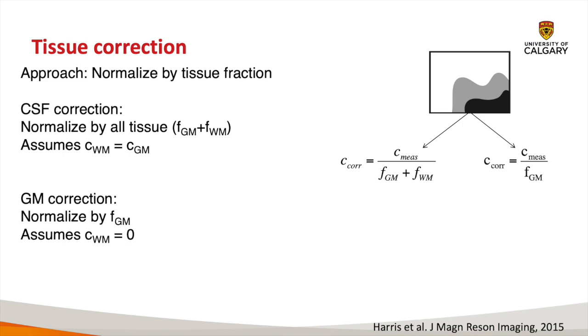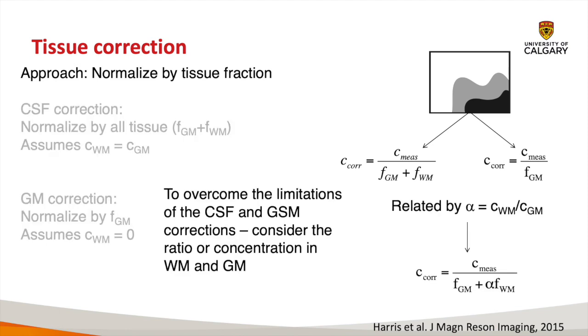So an alternative is to perform what's known as the gray matter correction, and in that, because we know GABA is more concentrated in gray matter, we just consider the gray matter fraction. However, this correction is actually assuming that the concentration of GABA in white matter is 0, which is also not correct. But if we look at these 2 equations, they're actually related, by the ratio of the concentration of GABA in white matter to the GABA concentration in gray matter.